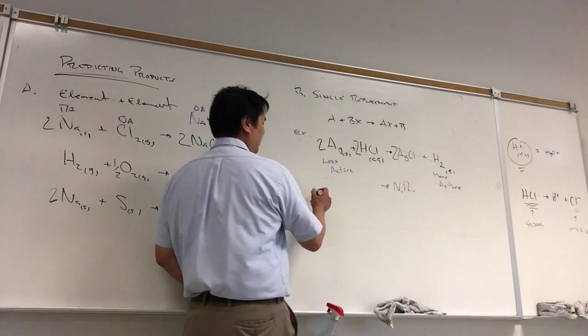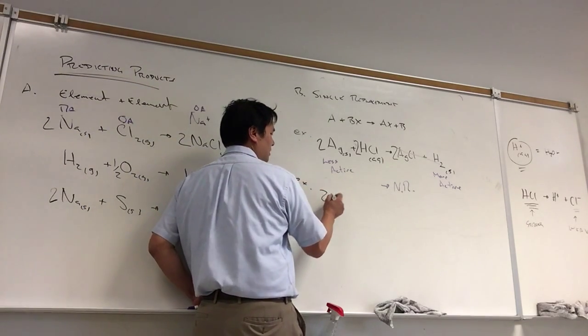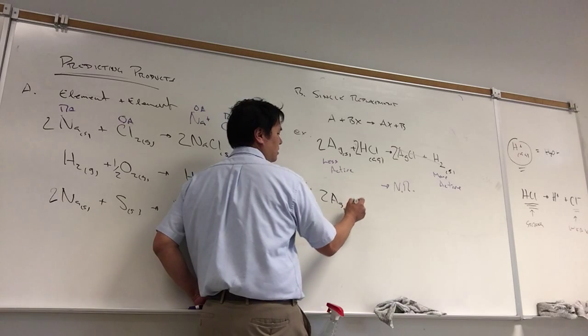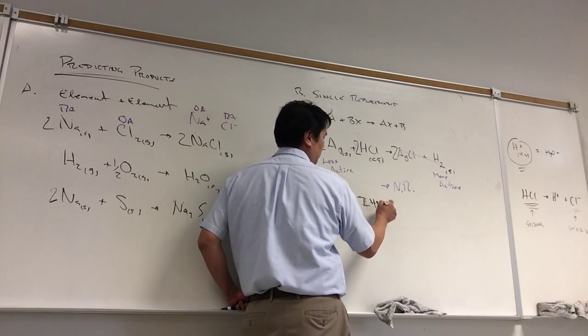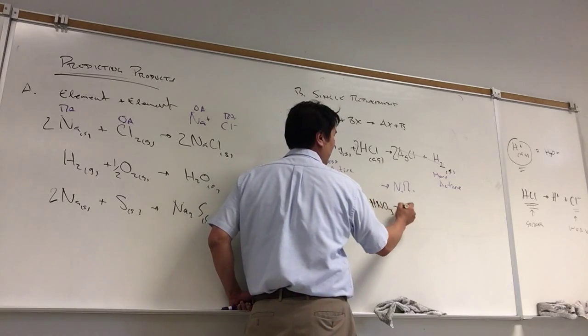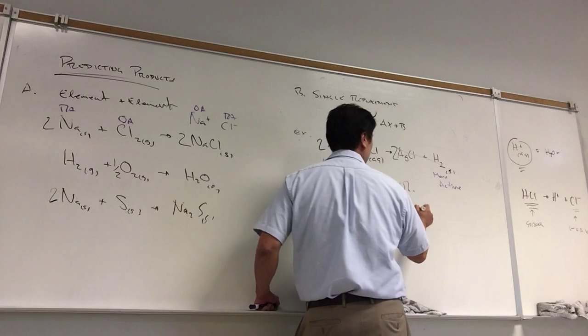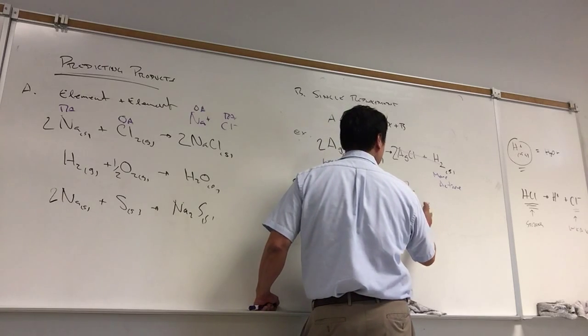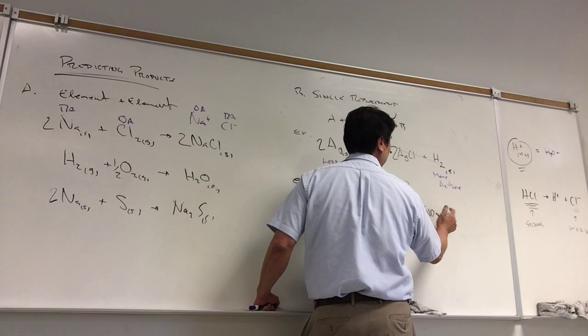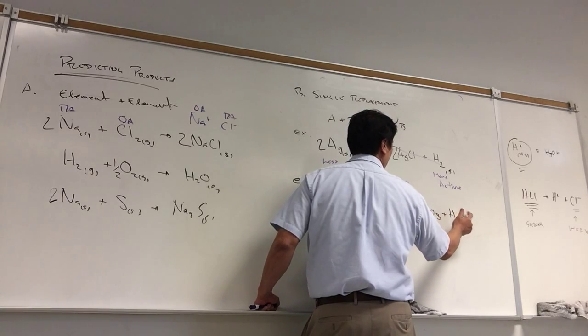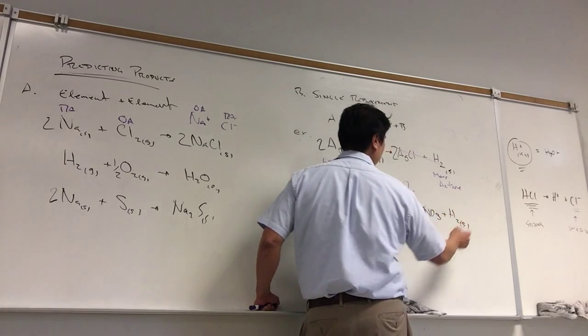If, on the other hand, I took two silver solids and reacted with two nitric acids to produce two silver nitrates and hydrogen gas.